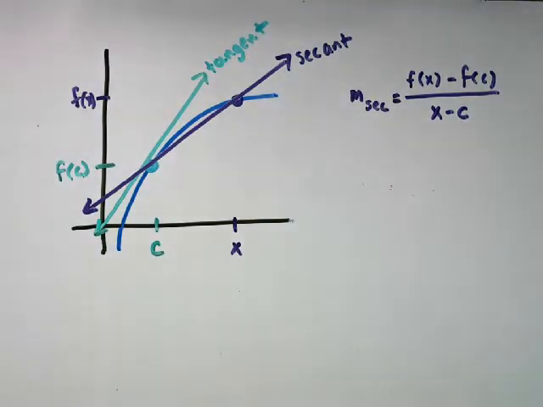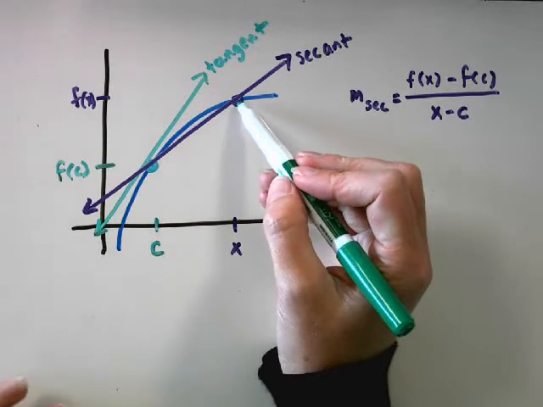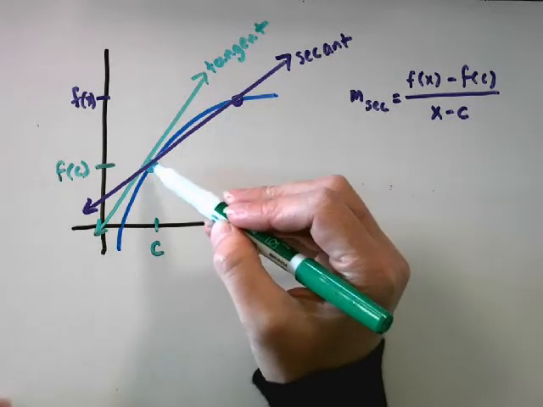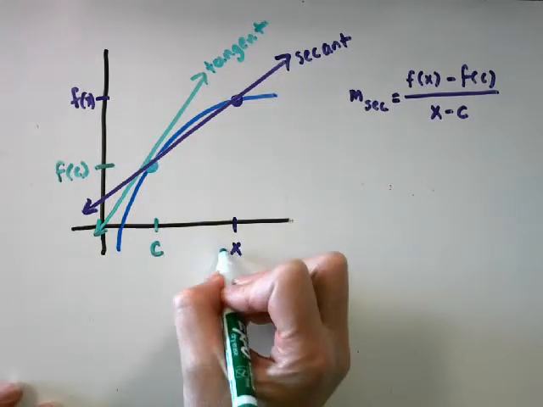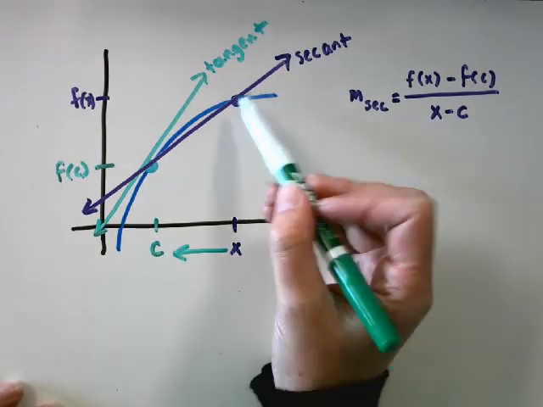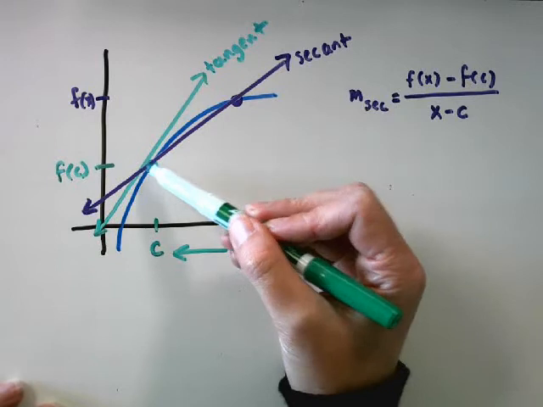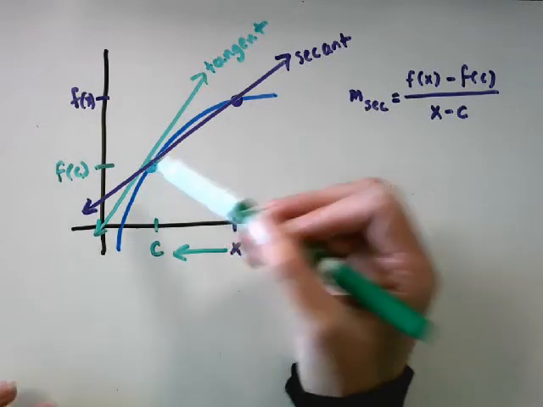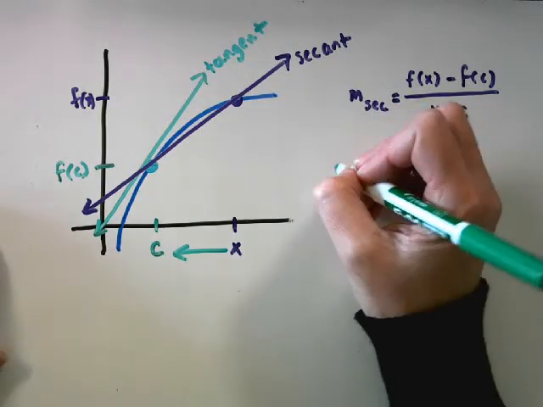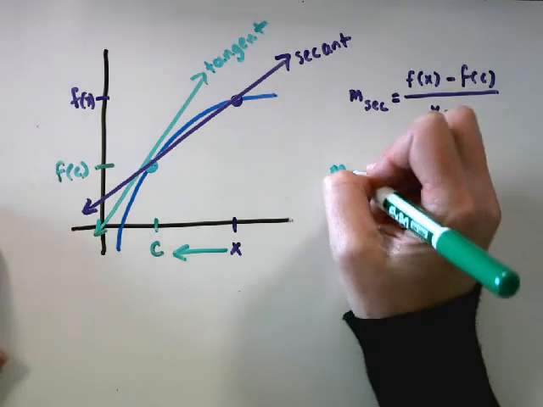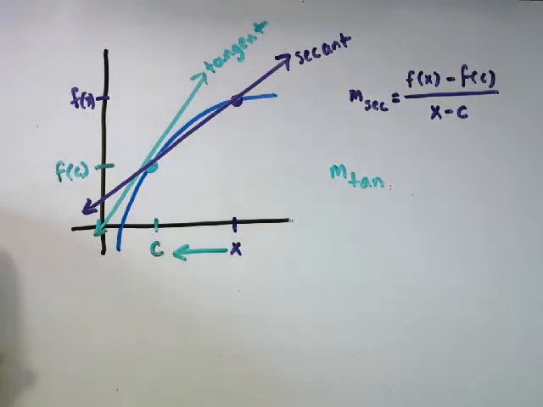The idea behind a tangent line is I want this point to be as super close to this point as I can, because that's going to be the slope of the tangent line. So what we're going to do is we're going to bring this point to this point. So we're going to close the gap between x and c. The tool we have to do that is limits.